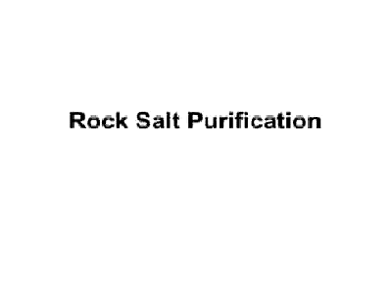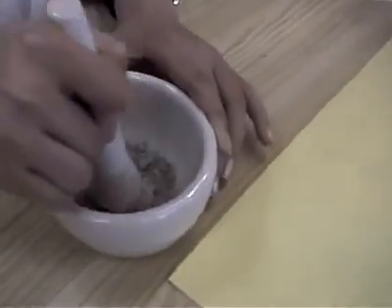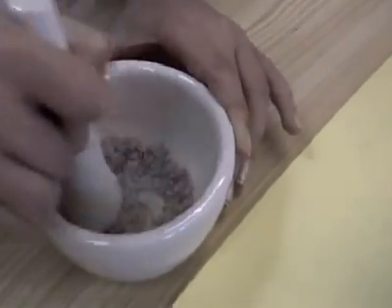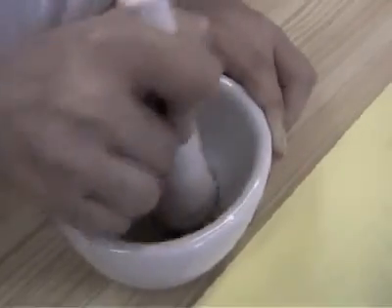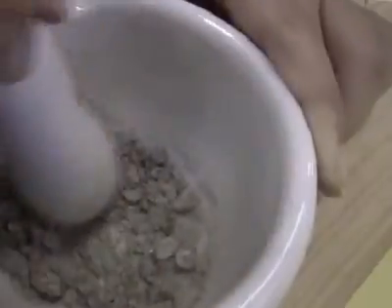We did an experiment to get table salt from rock salt. First we crushed the rock salt. We used a pestle to crush the rock salt into small bits, then added water instead. The rock salt dissolved in the water. This was filtered to separate the rock.